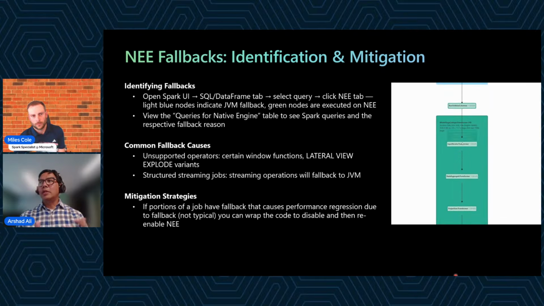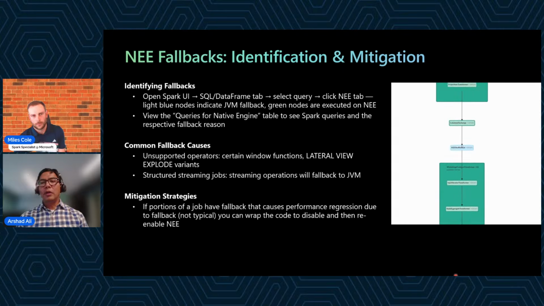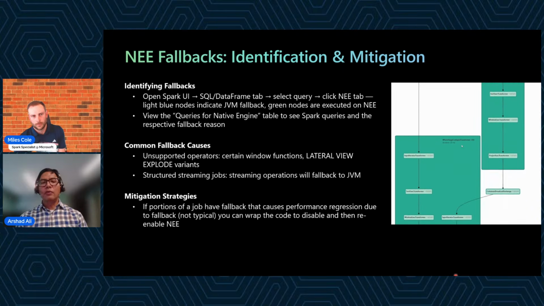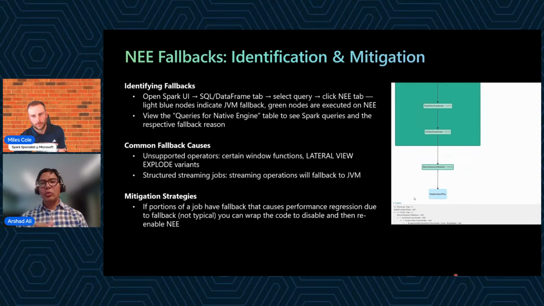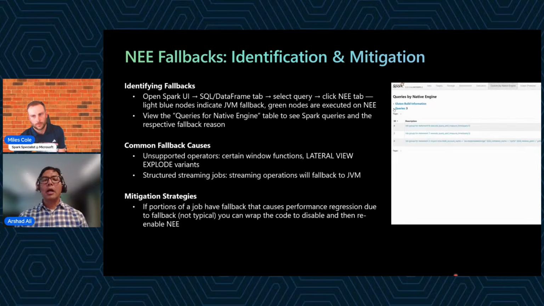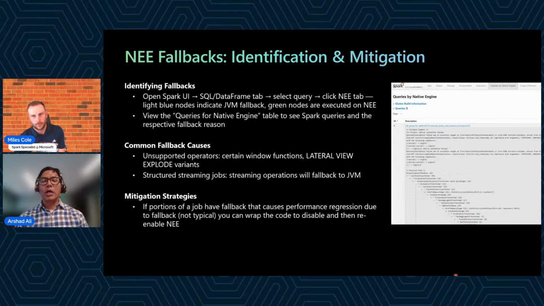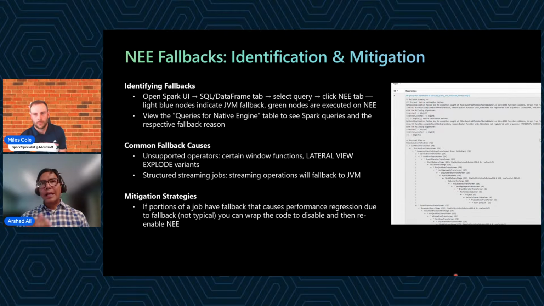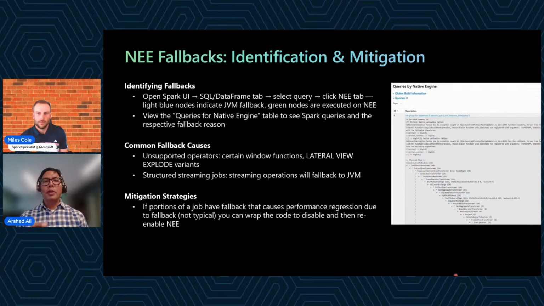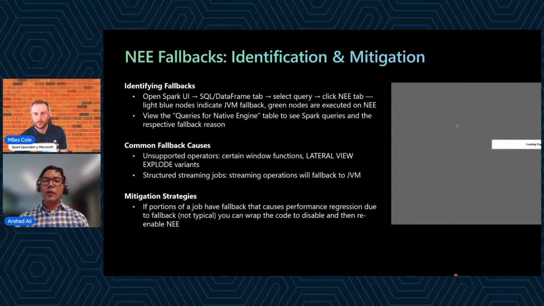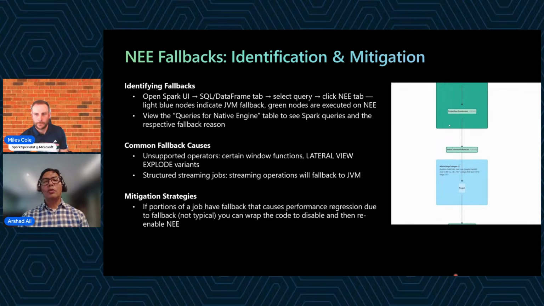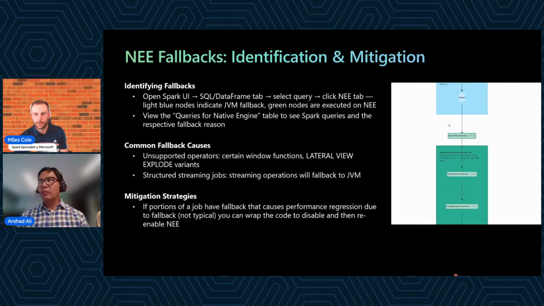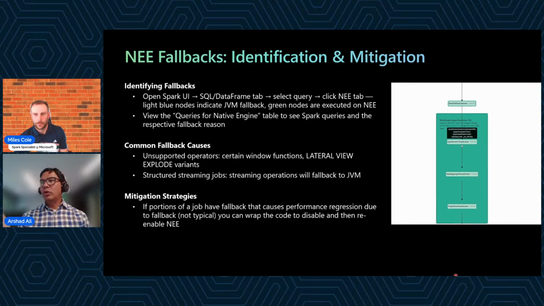And as I mentioned earlier, in the execution plan, the visual diagram that you see there, the nodes that are in green indicate that that part of your query was executed with the native execution engine. The ones in blue actually fell back to the JVM engine. So that's what you monitor here.